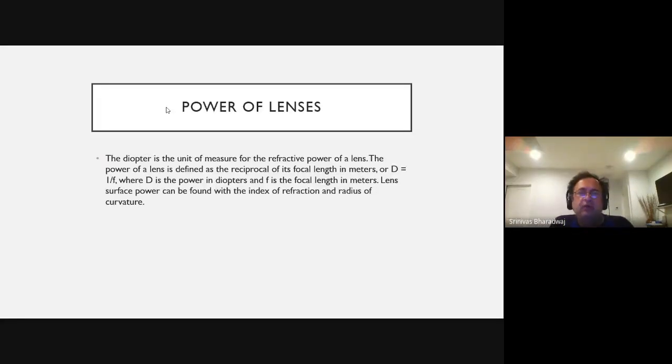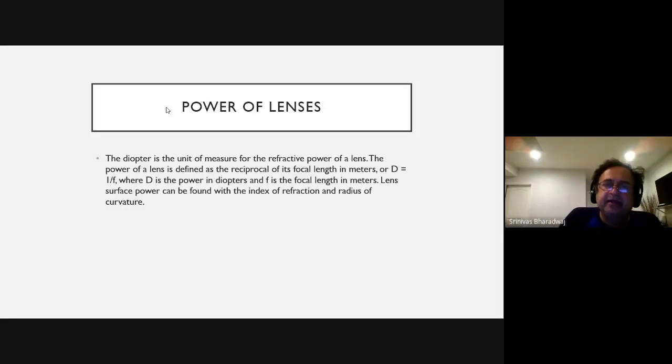Now, what is the unit of measurement of power of a lens? It is diopters, with the term D, where D equals 1 by f. f is a measure of length, so this is 1 over length. f is the focal length in meters, so the diopter is in 1 over meter.